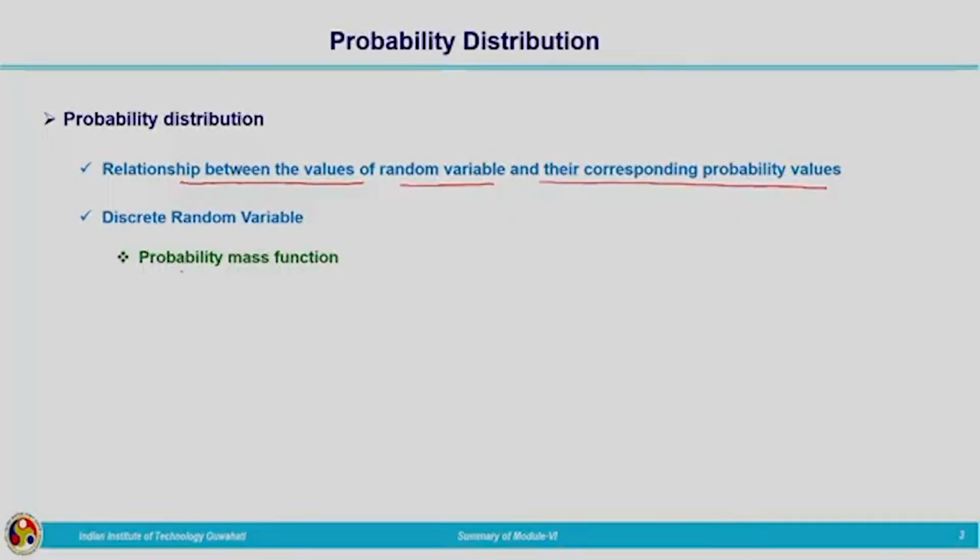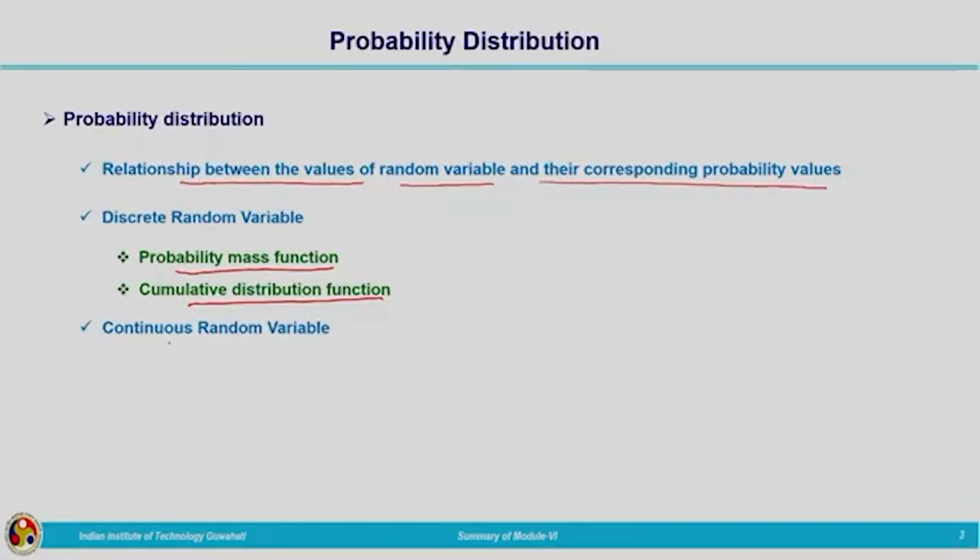In the case of discrete random variable, we were making use of the terminology probability mass function, and when it comes to cumulative probability, it is described by cumulative distribution function. That is, the cumulative probability is plotted against the value of the random variable. That way, discrete random variable is represented by means of probability mass function and cumulative distribution function.